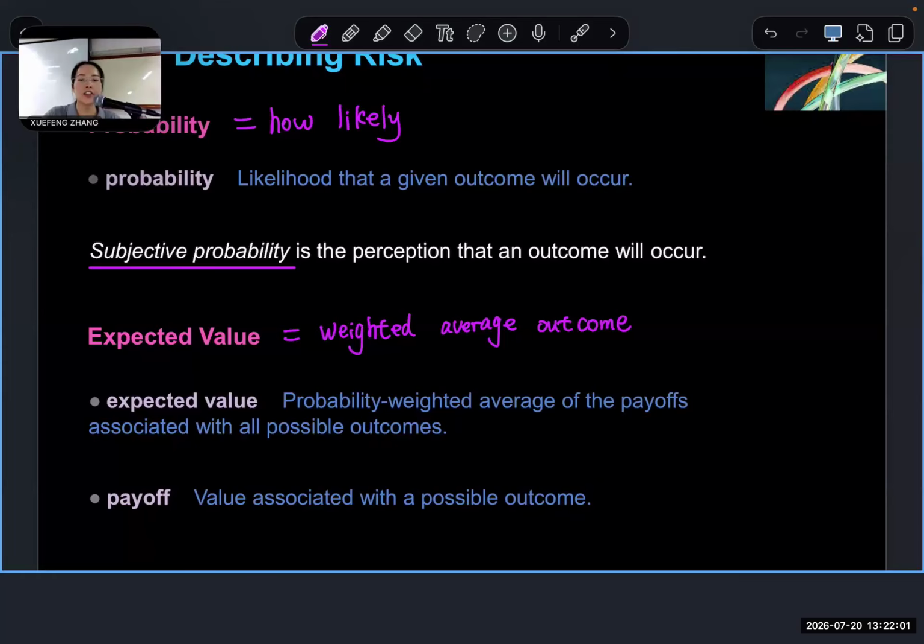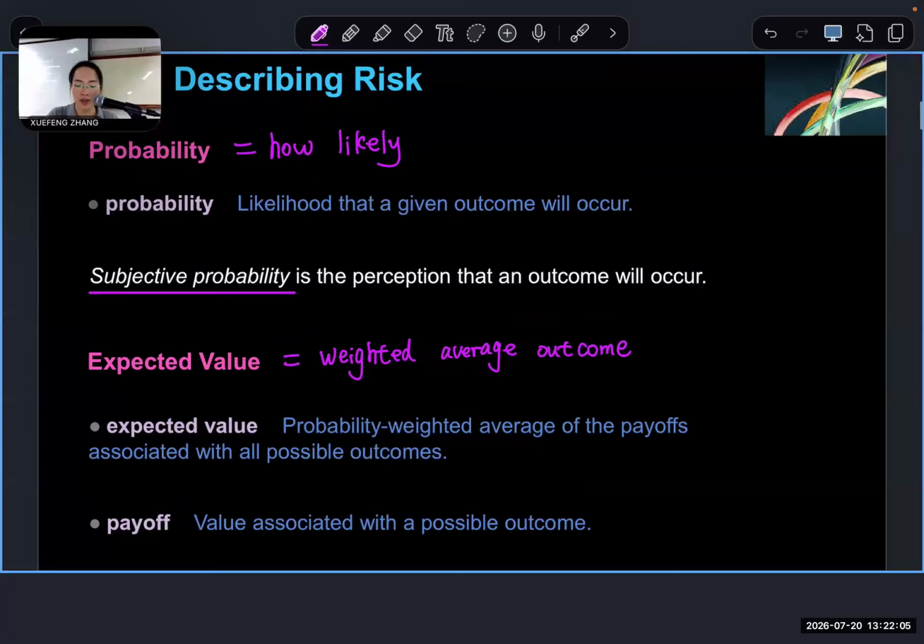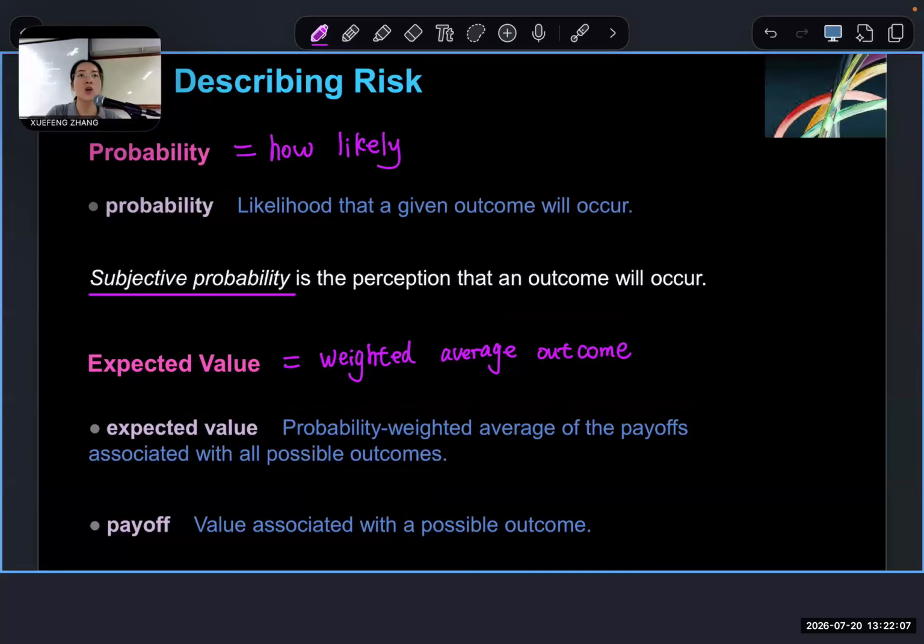These two ideas are the foundation of everything else in this chapter. And also when you learn statistics, when you learn econometrics, okay, we're going to talk about probability and expected value for sure.